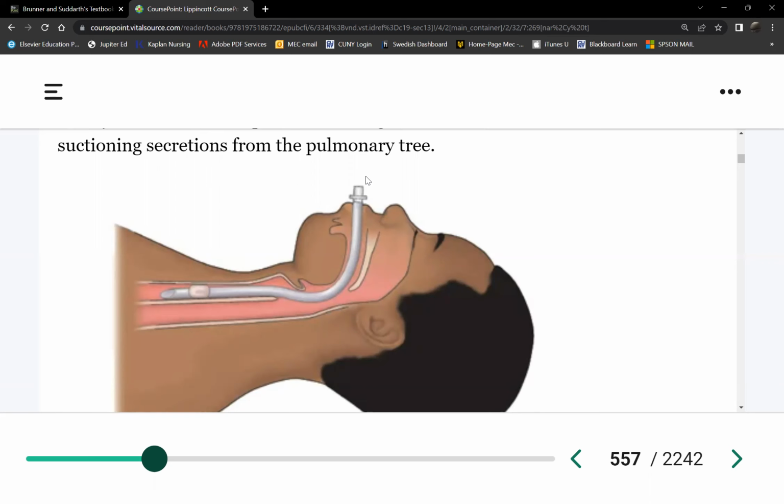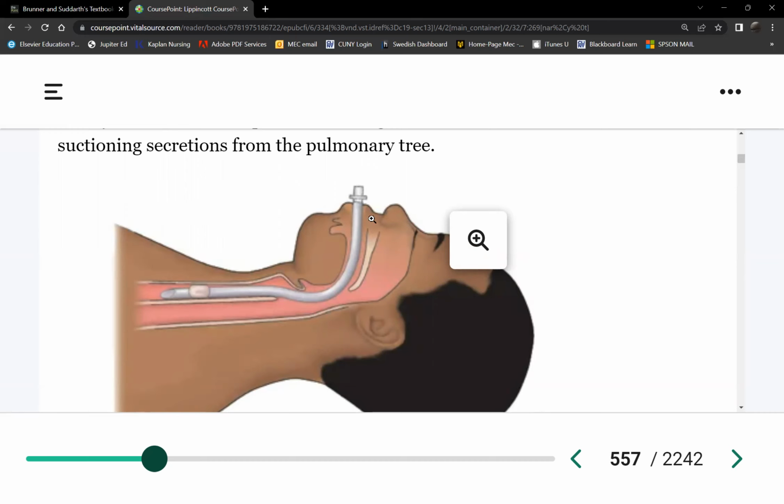Next is we're going to look at two common methods in order to ensure the proper placement, because we need to know that it's really in the right place. Look at your anatomy. We have the esophagus behind the trachea, correct?